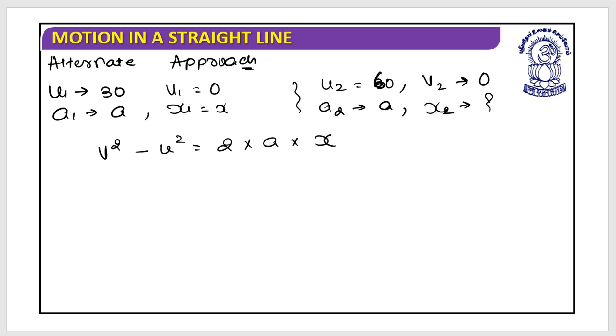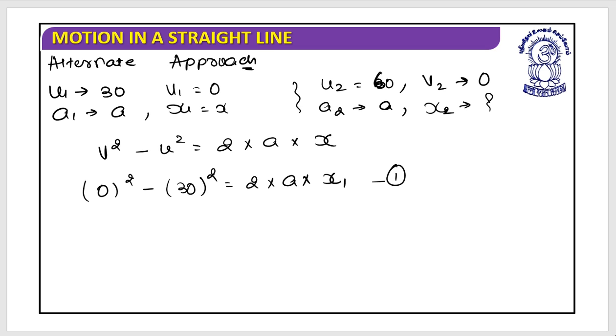Now let me take a ratio of these two directly. That means 0 square minus 30 square is equal to 2 into a into x1. This is relation number 1.